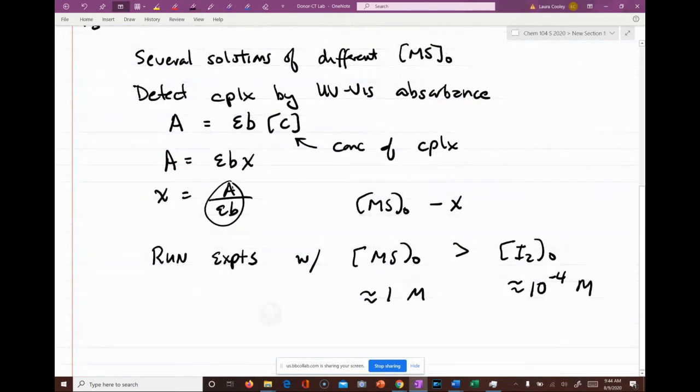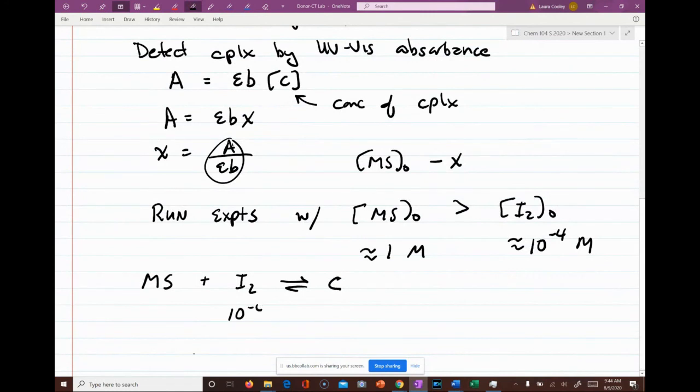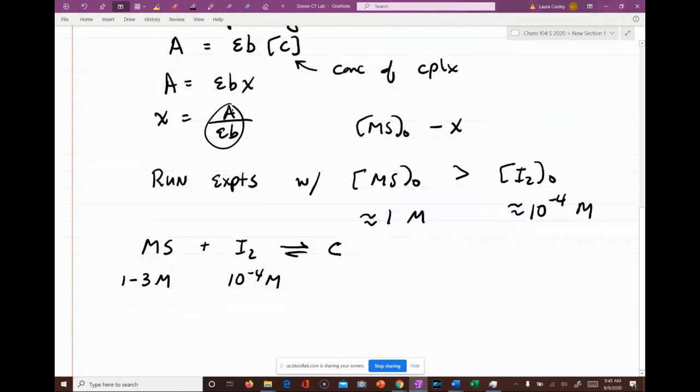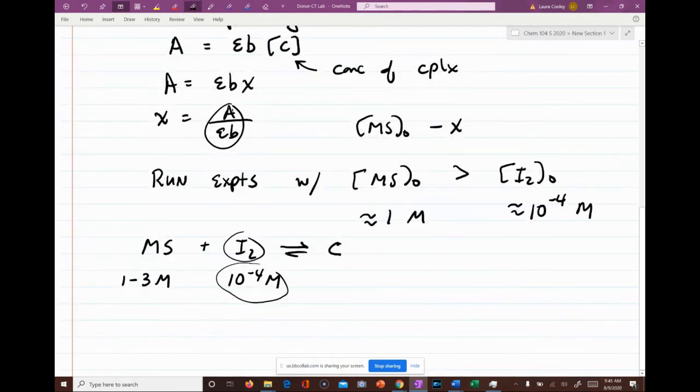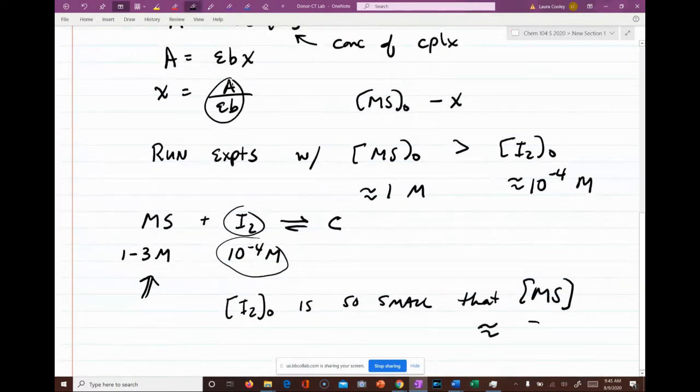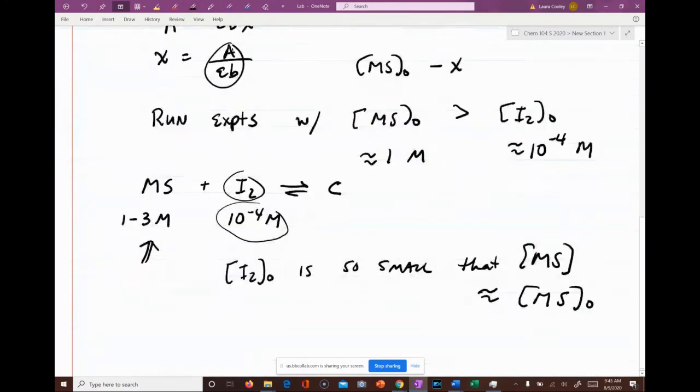So what you can see is if you have this reaction, and this concentration is 10 to the minus fourth molar, and this is between 1 and 3 molar, that even if all of this were to react, which it doesn't, this is an equilibrium, but even if it did all react, that would have no effect on the concentration of the acetylene. So basically, the concentration of iodine is so small that the concentration of acetylene is basically constant and equal to the initial concentration.